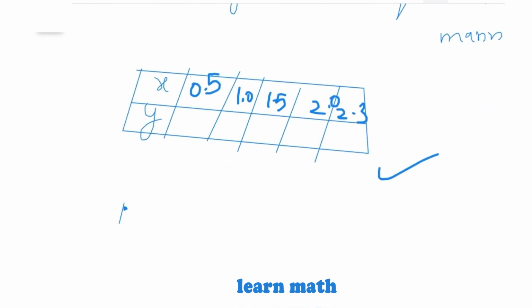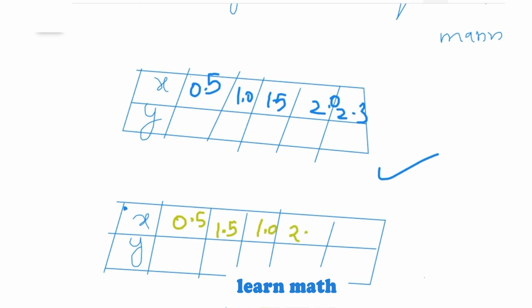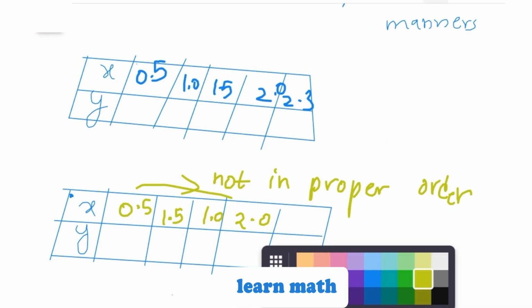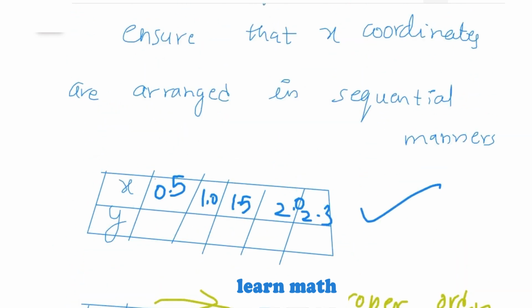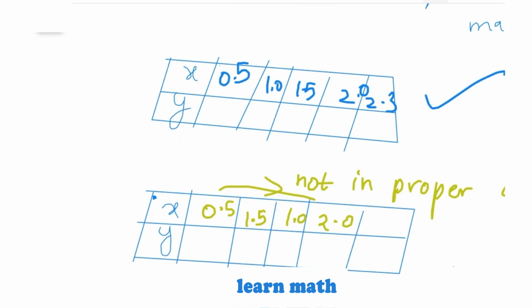But sometimes the order is jumbled. For example, first it starts with 0.5, next it starts at 1.5, then one below. This is not in order. So if it is not in order, you have to rearrange it. I hope it is clear. Generally, just make sure that the x values are in order, not the y values.